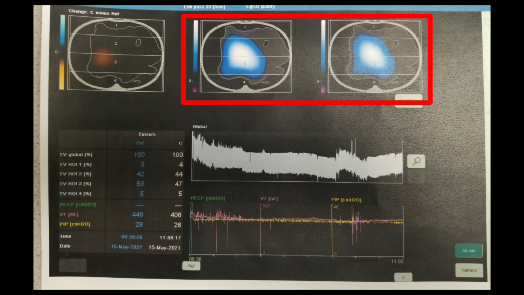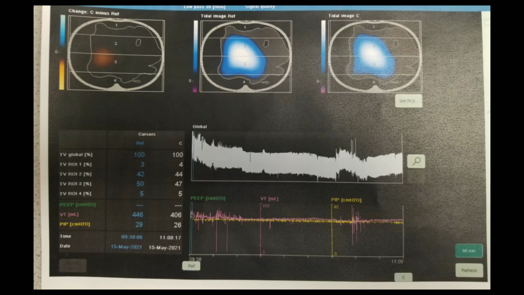And we see that there's no significant change by dropping it from 30, well below the 30 now by 4 units, and there's no significant change in the end inspiratory trend. This is a way of validating the idea that perhaps we were over distending, perhaps we were too high in the pressure setting, and that was making the lung not really compliant. And as we decrease, we're still getting the same amount of inflation.